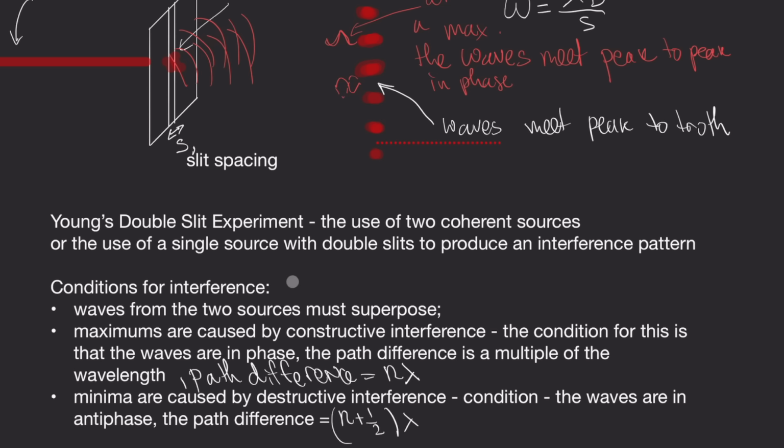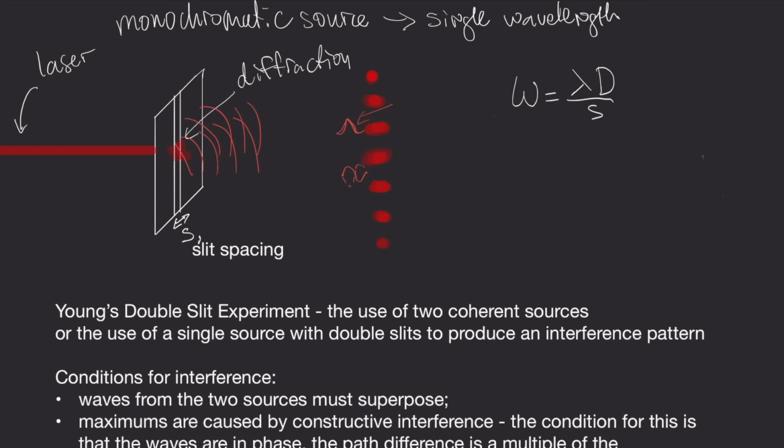But for destructive interference, we are going to need a multiple of half a wavelength, or one full wavelength plus half a wavelength. So we're going to need (n + 1/2) lambda, where n is an integer in both of these expressions.